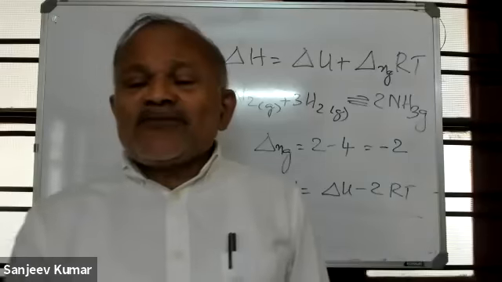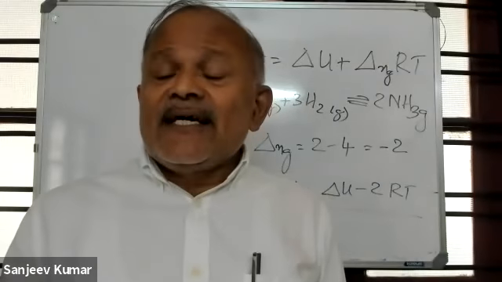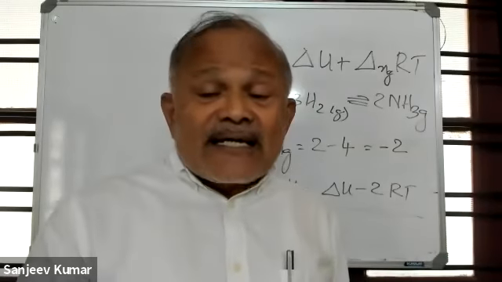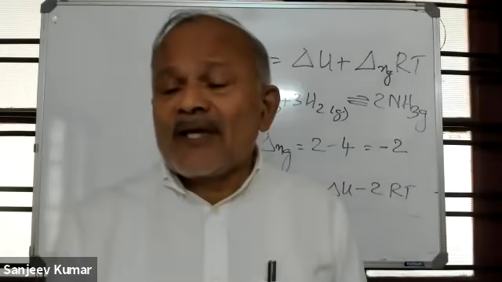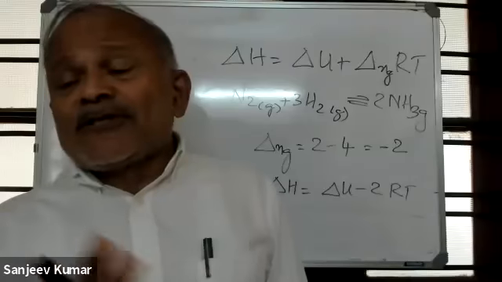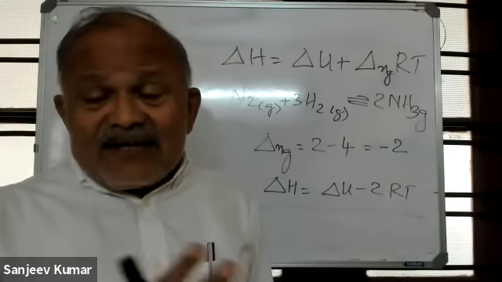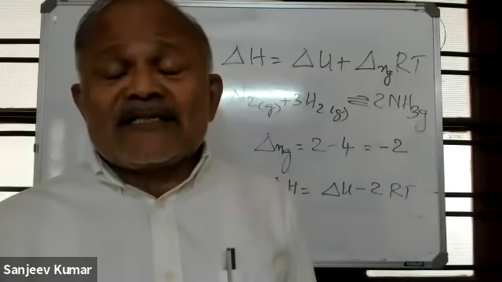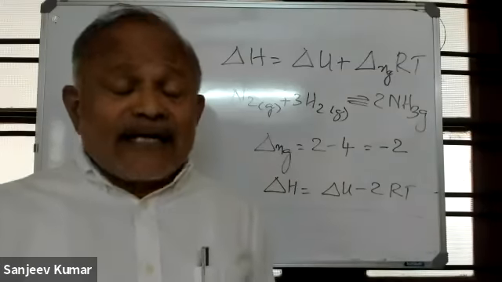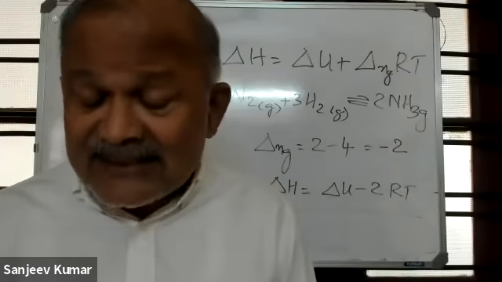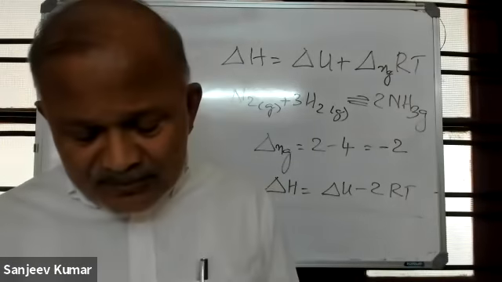If the number of moles of gaseous product is greater than the number of moles of gaseous reactants, delta H will be greater than delta U. If the number of moles of gaseous product is less than the number of moles of gaseous reactants, definitely delta H will be less than delta U, because delta Ng is negative. Therefore, here the answer is B, delta H is less than delta U.